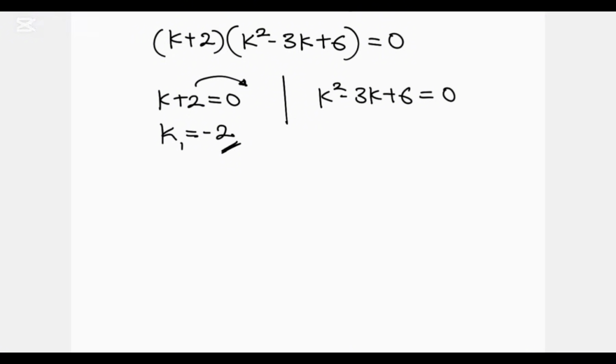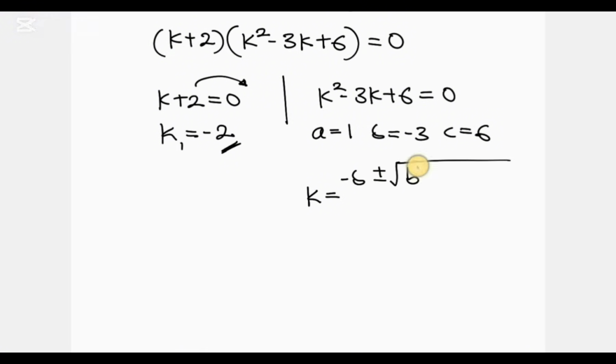Now, to get the other two values for k, we solve this quadratic term. I'm going to be using the quadratic formula to solve this. So our a from here is 1, our b from here is negative 3, then our c from here is 6. So using the quadratic formula, we have k equal to negative b plus or minus the square root of b squared minus 4ac all over 2a.